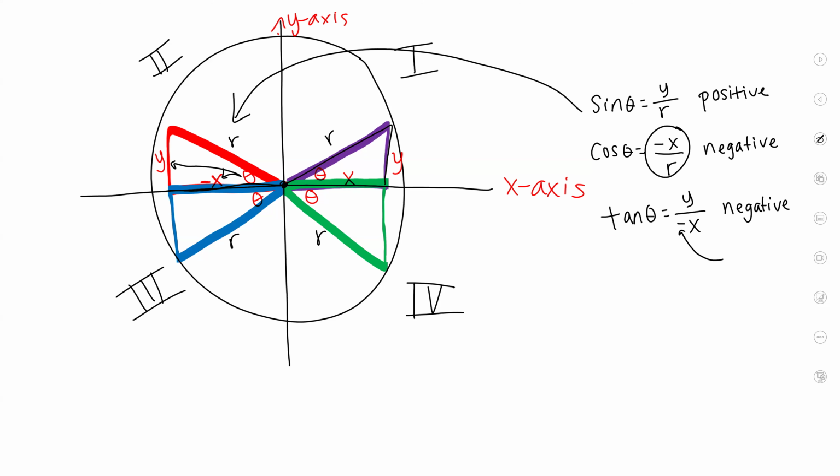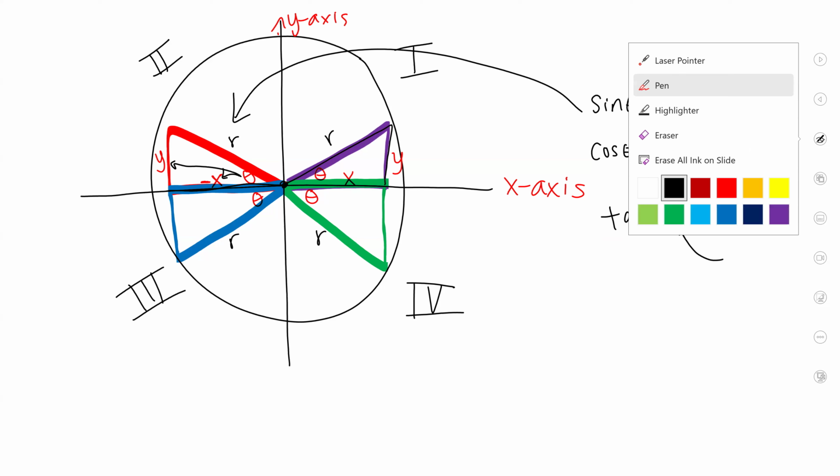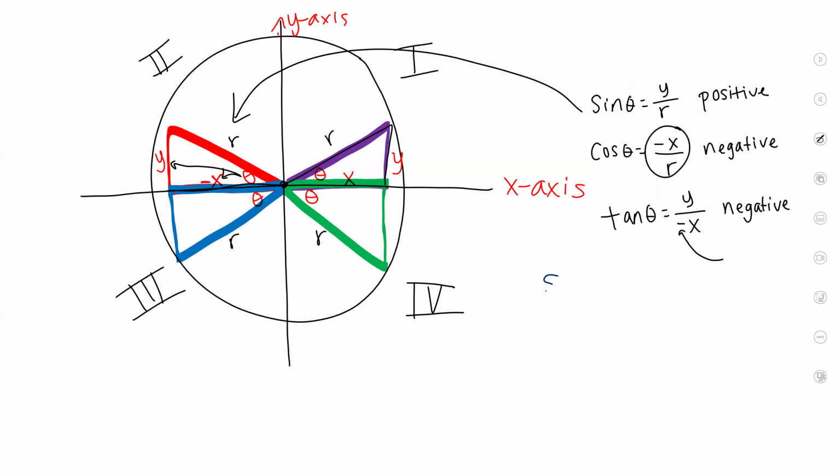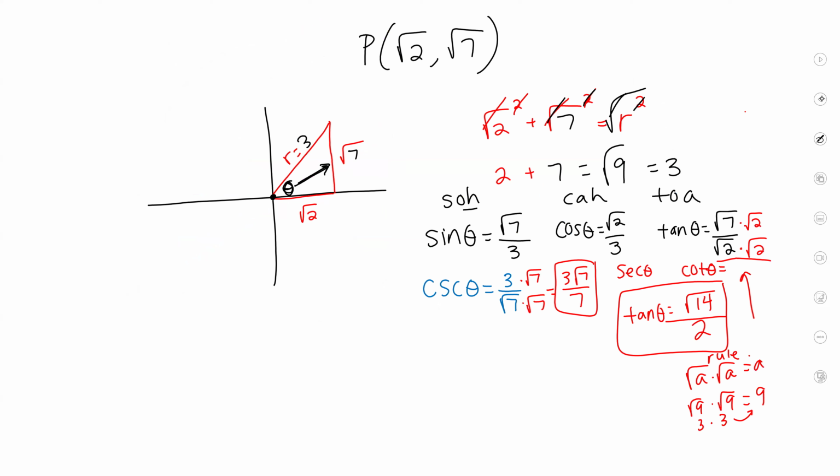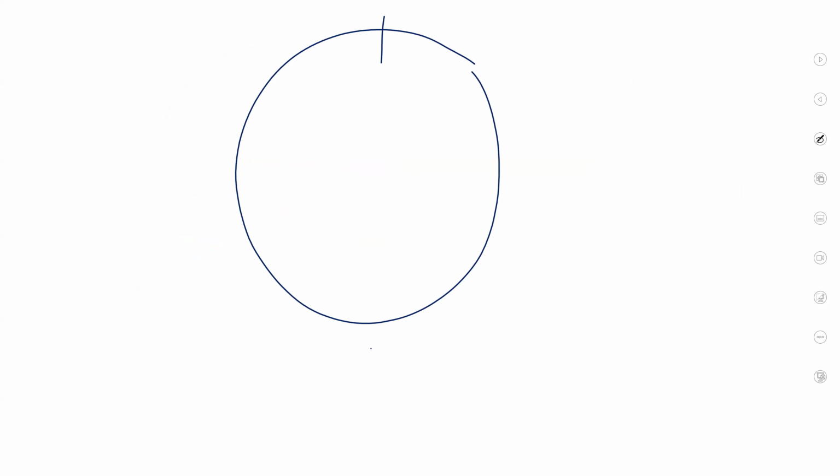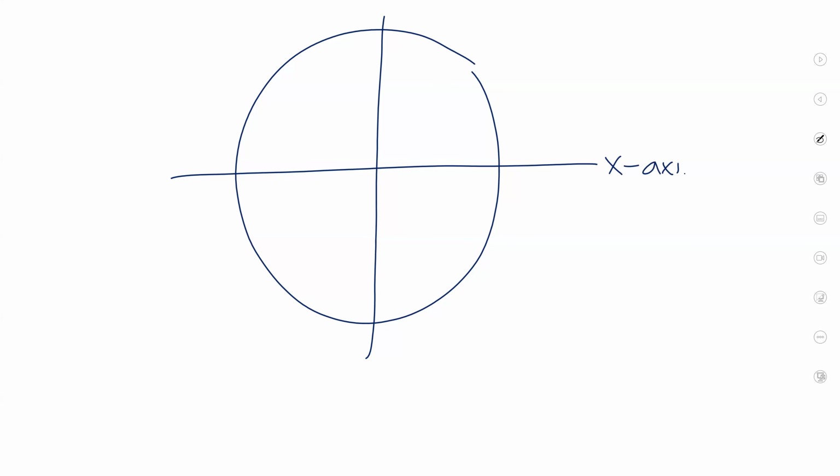Okay? So what I want you guys to think of is whenever you're thinking of sine, think about the y-axis. When you think about cosine, I want you to think about the x-axis, okay? So let me draw another circle for you. This is your x-axis. This is the y-axis.